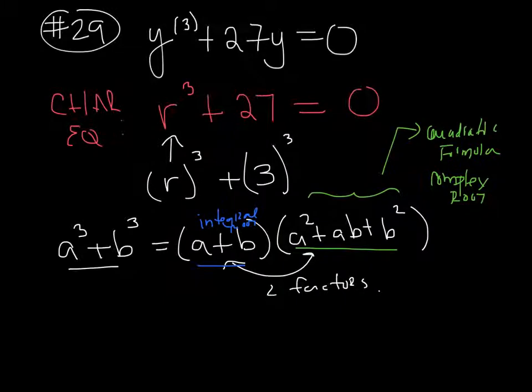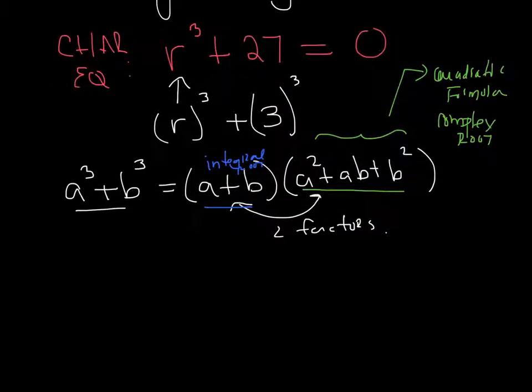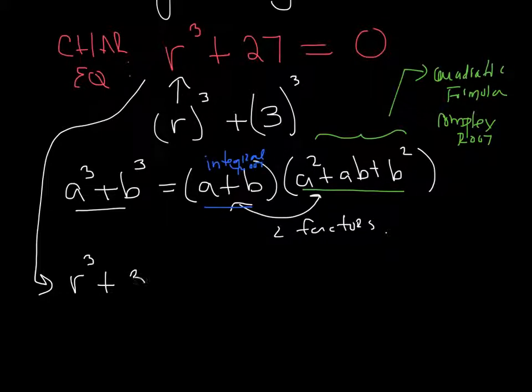Okay, so let's go ahead and factor this. We have r cubed plus, and again, we can rewrite this as 3 cubed. So how do I factor this? I'm just following the formula. So a plus b, well, my r is my a, and 3 is my b.